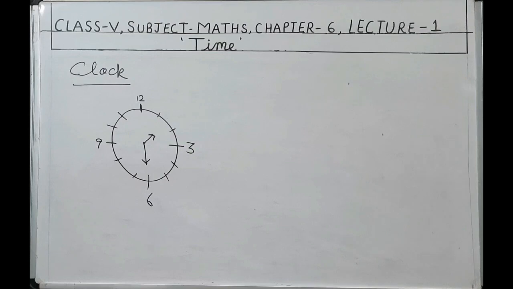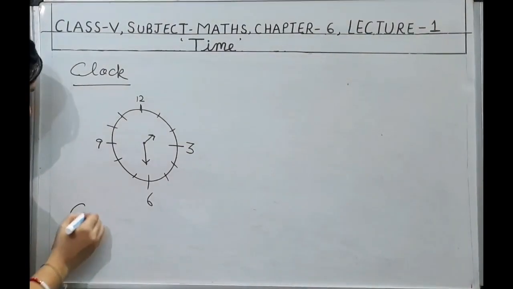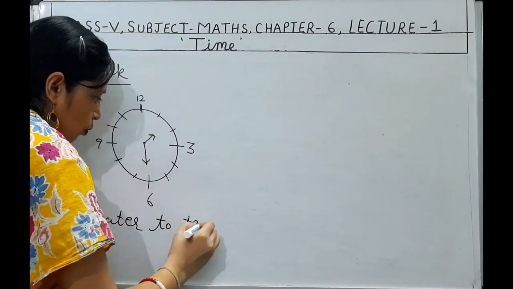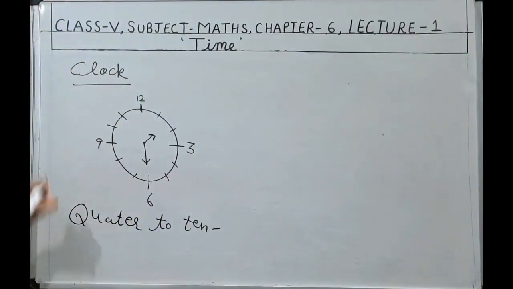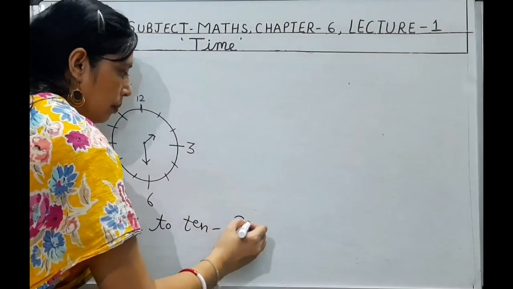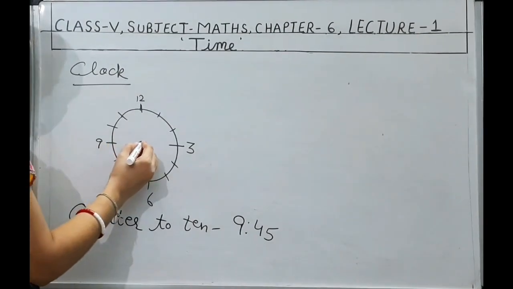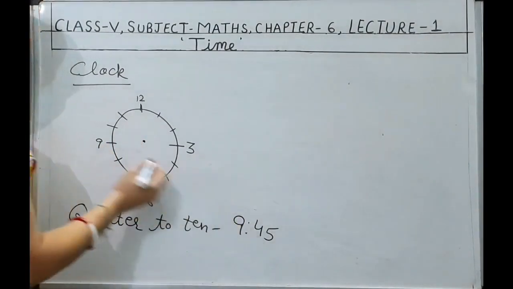Okay. If I am telling you the time quarter to 10, what does it mean? 15 minutes before 10, then the time will be 9:45. Okay. And if we have to draw the hands of the clock, how can we draw? 9:45.